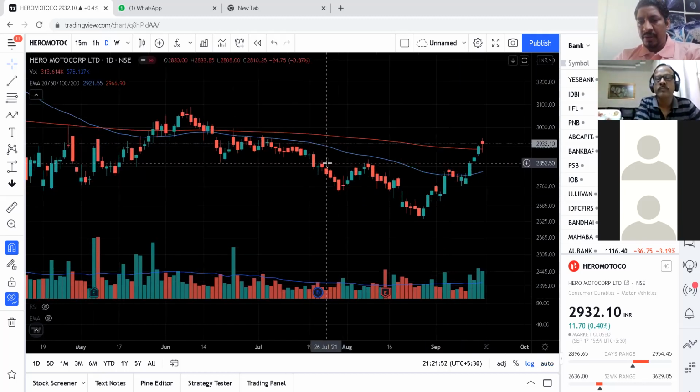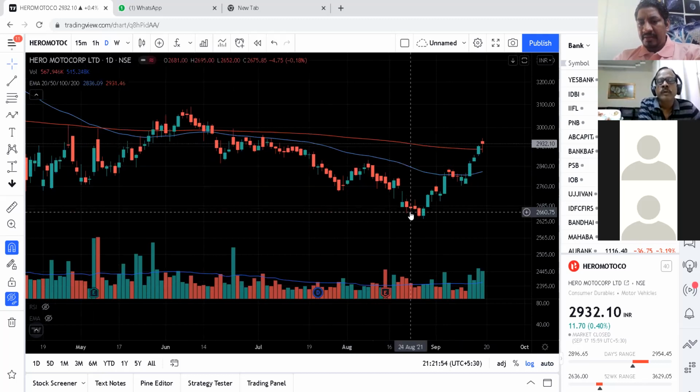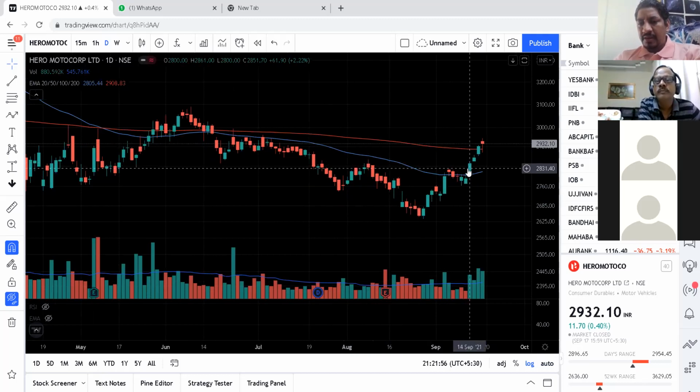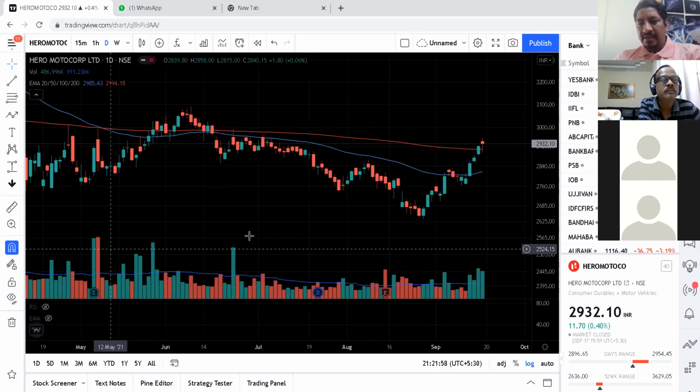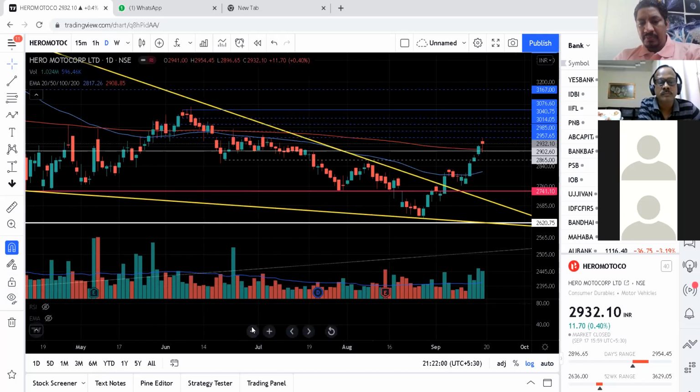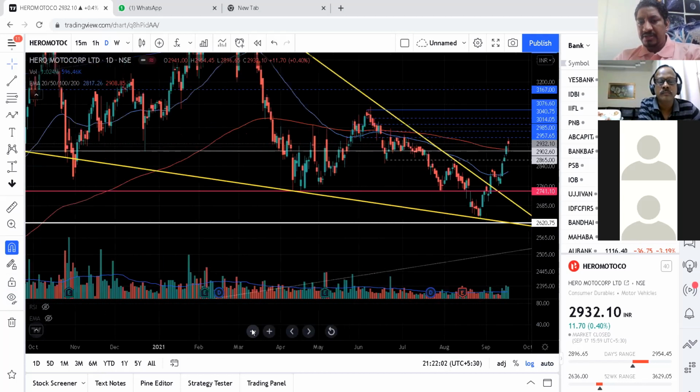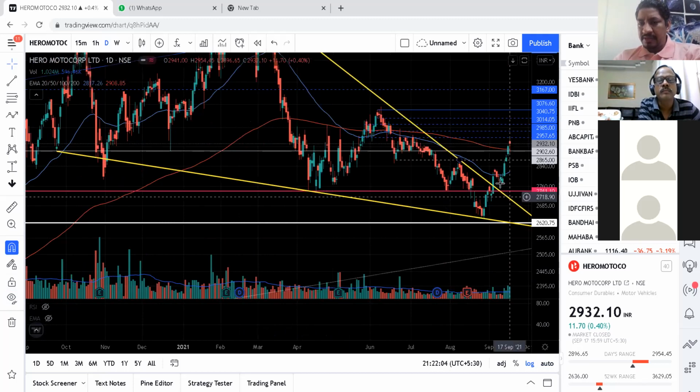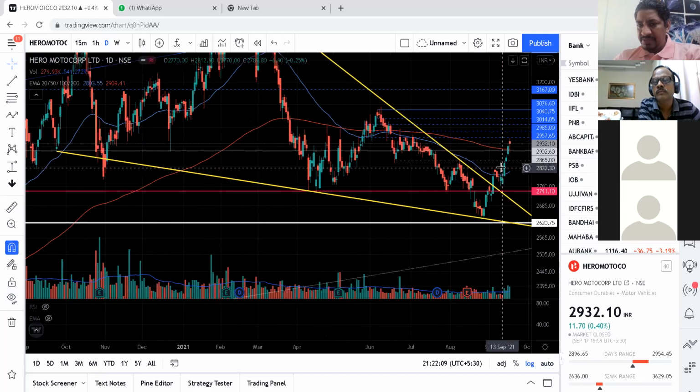So here you found one pattern, a reverse head and shoulder, and as I highlighted, a bullish falling wedge. Two patterns I found. I could have taken entry somewhere here, or just after the breakout on this candle, because this is again bigger volume and a breakout on this candle.